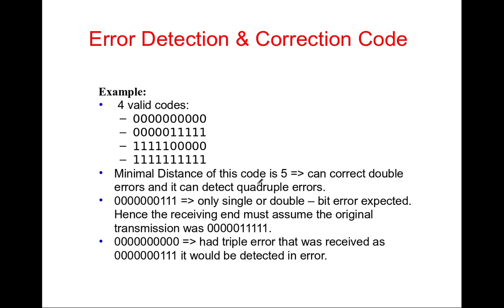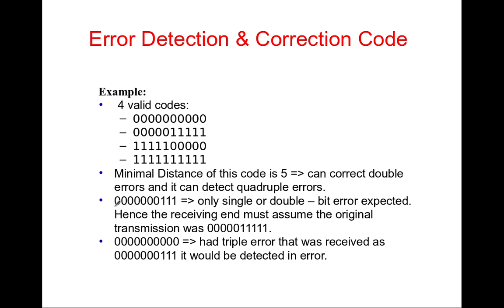So the minimal distance of this code is 5, and based on 2d plus 1 and d plus 1, this code of distance 5 can correct double errors, because 2 into 2 plus 1 is 5, and detect quadruple, that is 4-bit errors, because 4 plus 1 is 5.